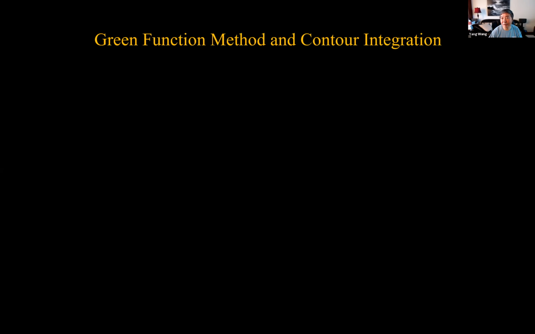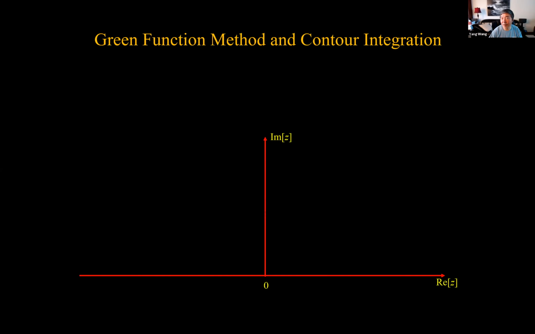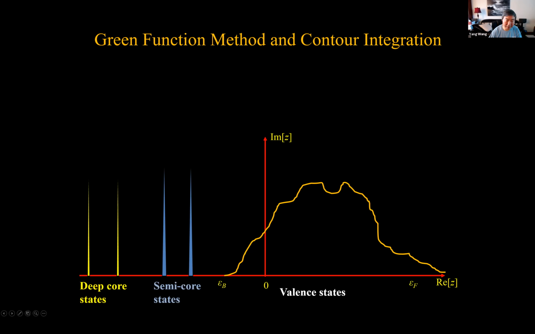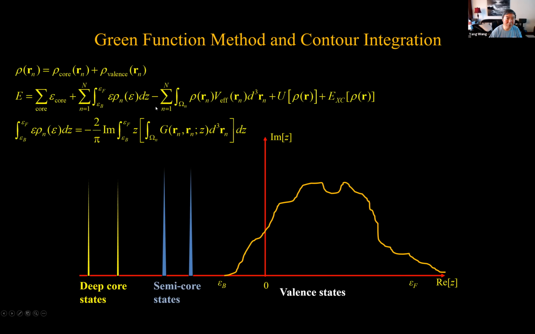Because it involves integrating over the Green's function in energy when you calculate charge densities, all you have to do is have deep core, semi-core states, because this is an all-electron method, and the valence states. So the charge density is the charge density for the core states plus the charge density for the valence states.